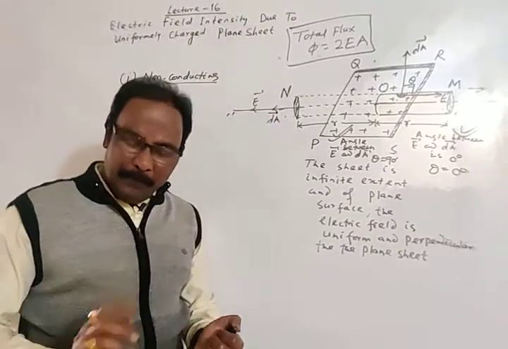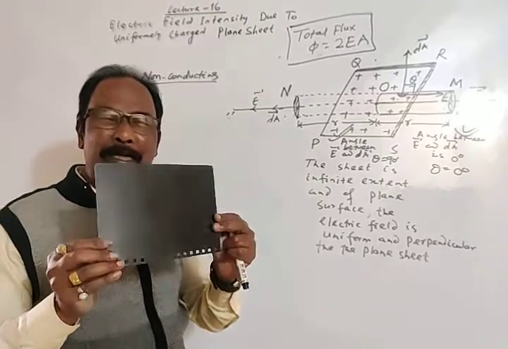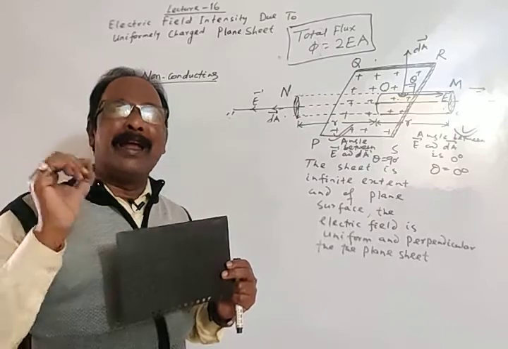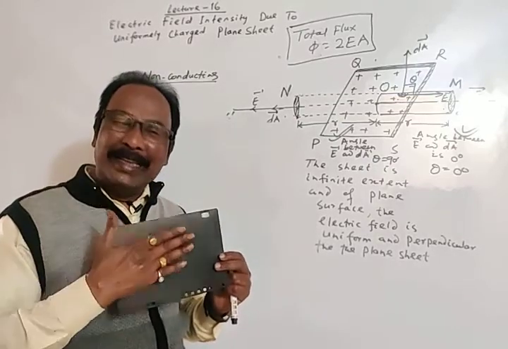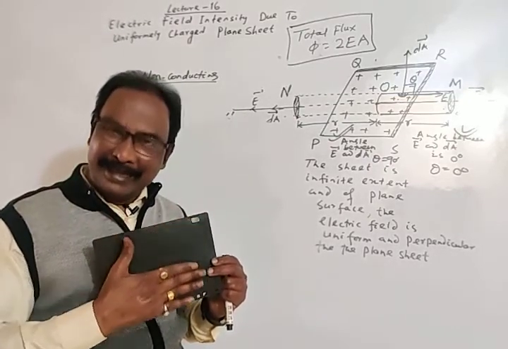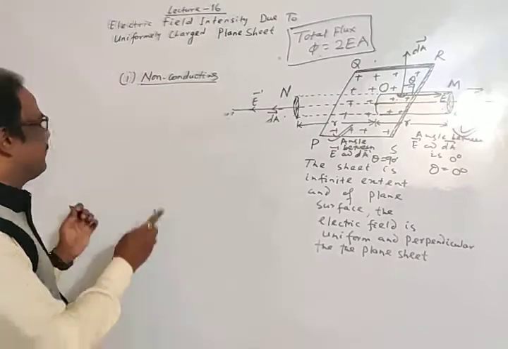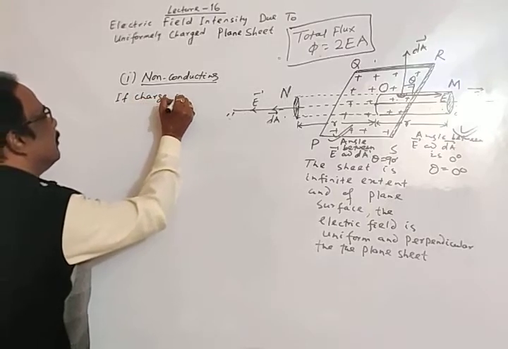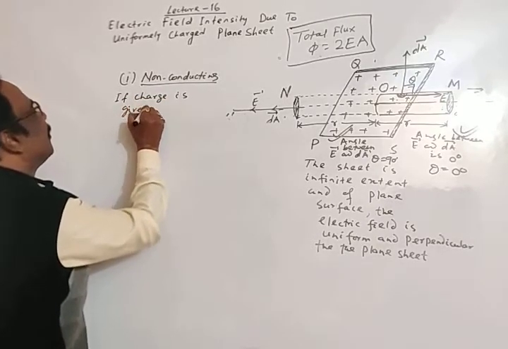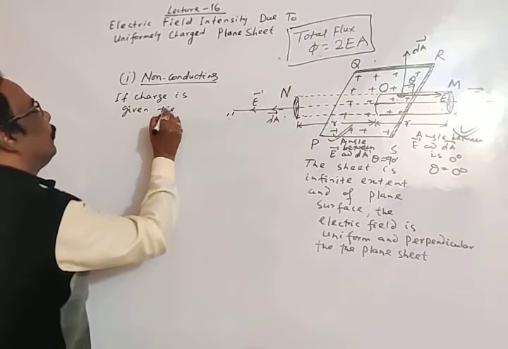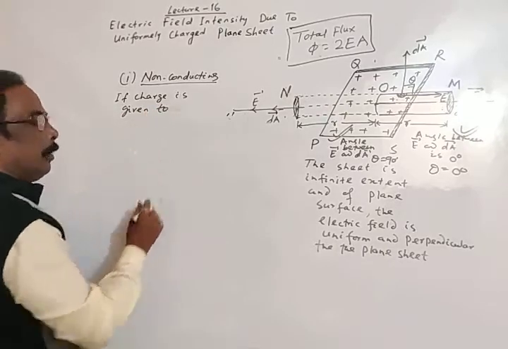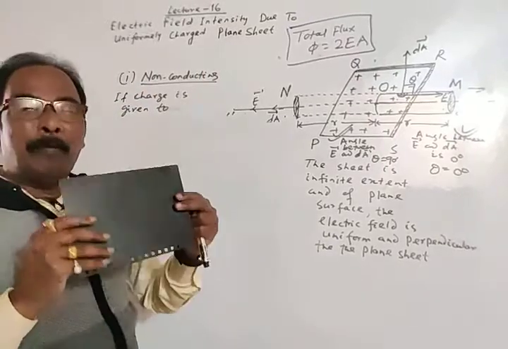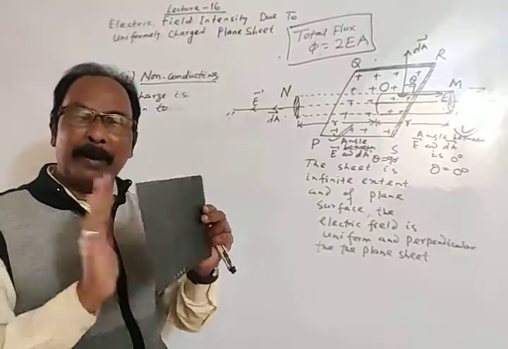Suppose this is a sheet of non-conducting material. If charge is given to a non-conducting sheet, as we have discussed, the plane sheet or flat sheet has only surface areas.